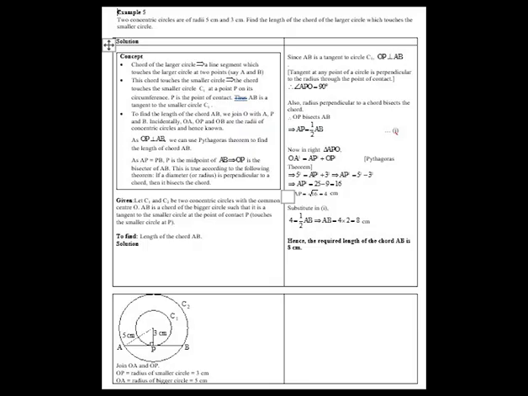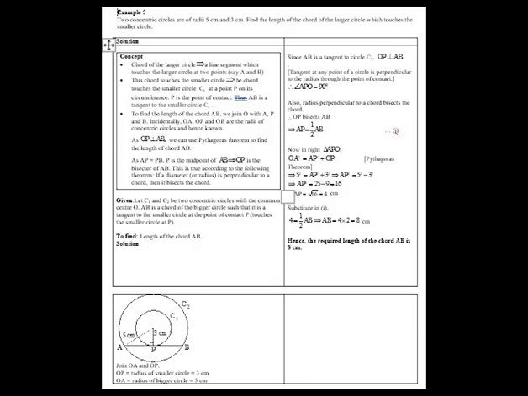In right triangle APO, OA square is equal to AP square plus OP square by Pythagoras theorem, which implies 5 square is equal to AP square plus 3 square. Hence, AP square is equal to 5 square minus 3 square. AP square is equal to 25 minus 9, which is equal to 16.